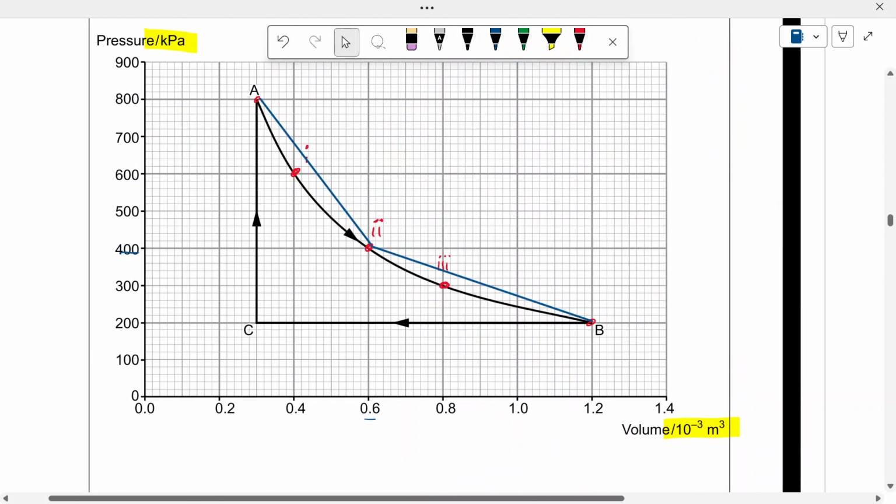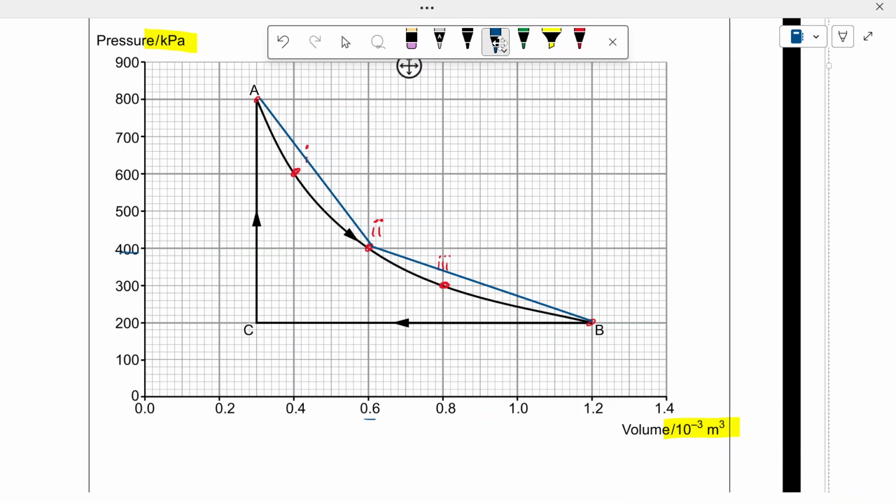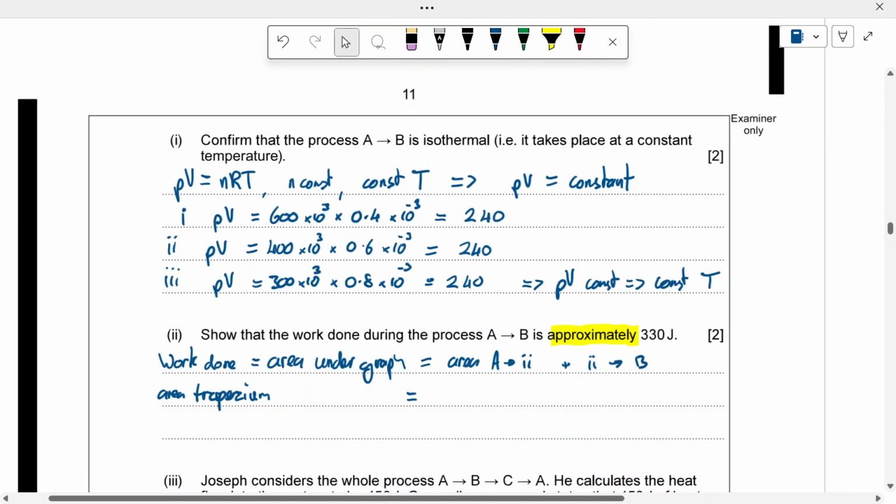So base length here to here, 0.3, and here to here, 0.6. Side lengths then for the first part, 800 and 400.